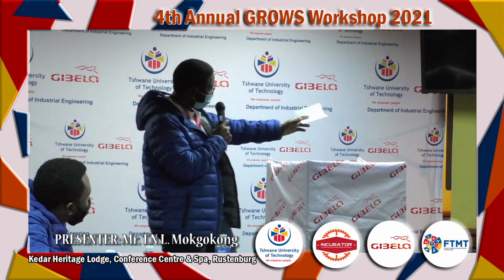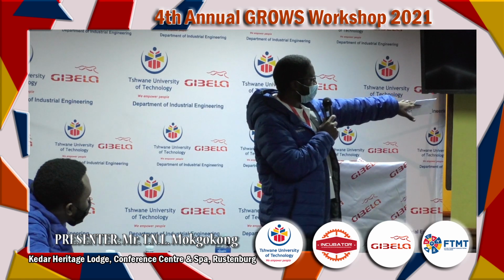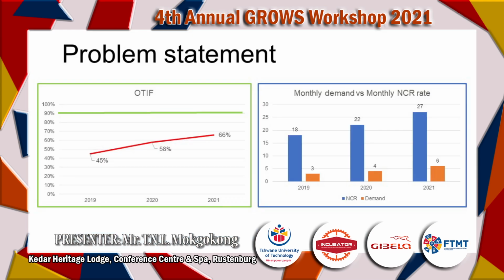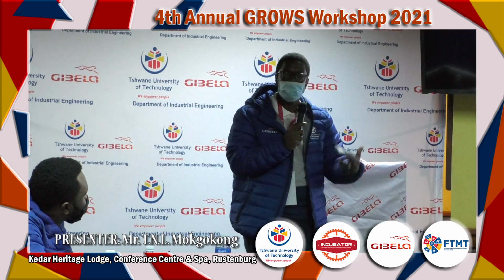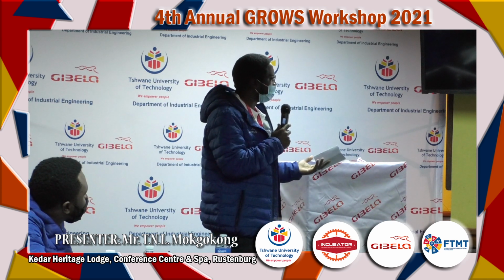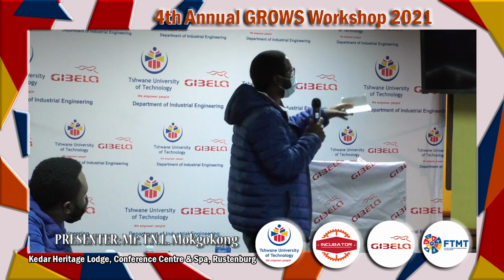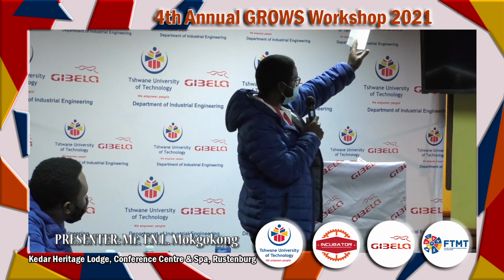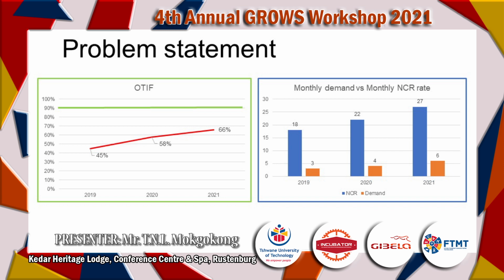If you look at the company we are talking about, I don't want to mention the name, but if you look at the OTIF from 2019 onwards, which my colleague has already explained, and also NCR, you can see that as demand goes up, NCRs go up. That is a natural variation within processes: the more you produce, the more chances you produce parts that do not conform to requirements. There's a gap there, because based on international standards, we need an OTIF of 90 plus, and company X is at 66%.